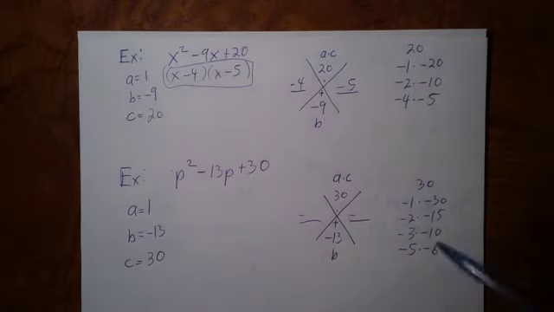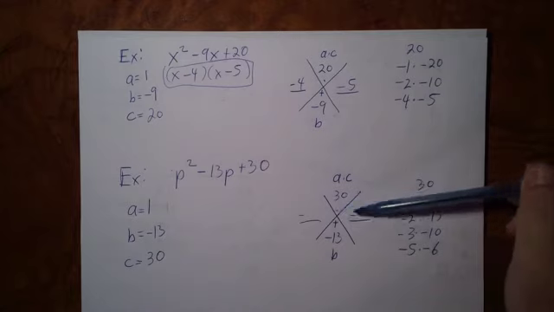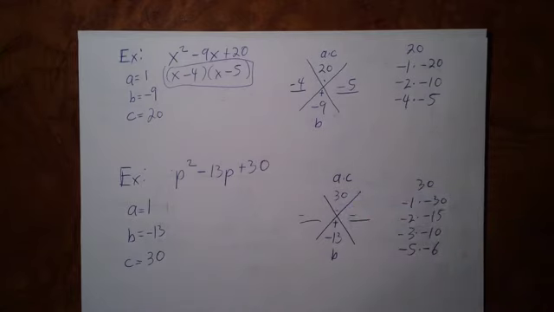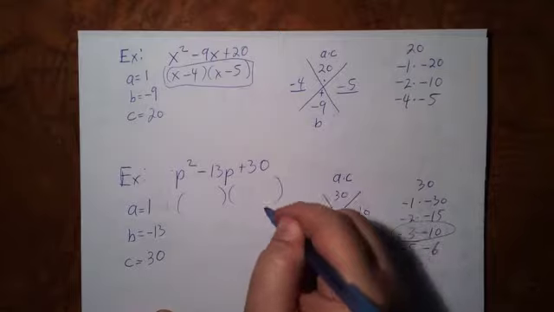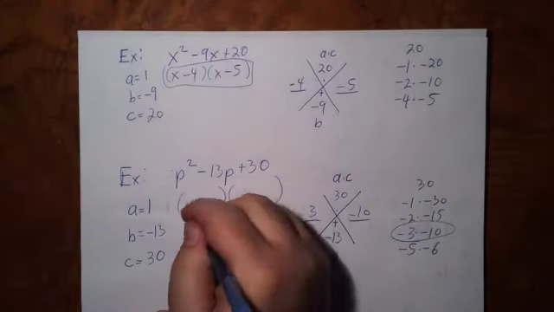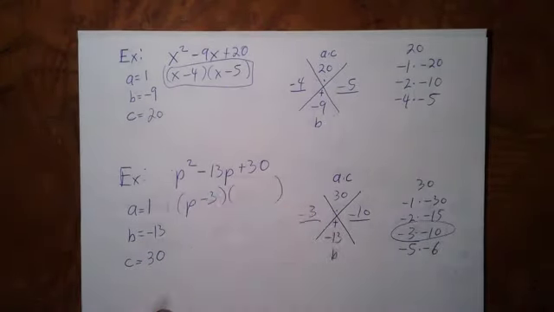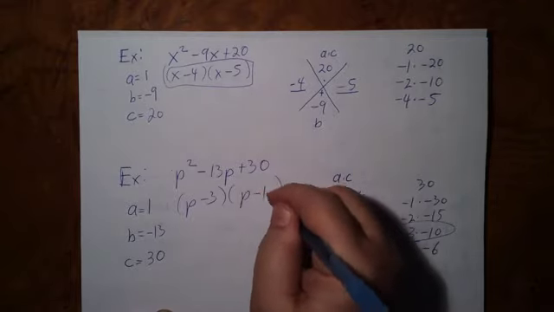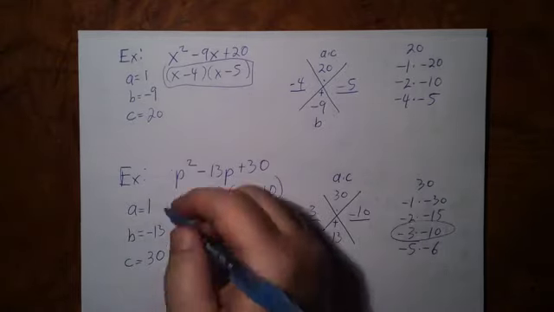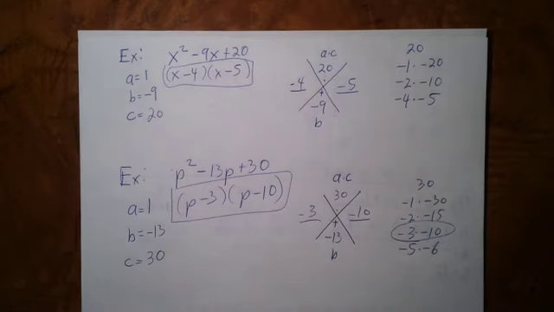So we need two numbers who have a product of 30, which all these do, but who have a sum of negative 13. Only negative 3 times negative 10 has this. So when we write our binomial factors, we're going to write these now as p minus 3 and p minus 10. And now we have the pair of binomial factors for this.